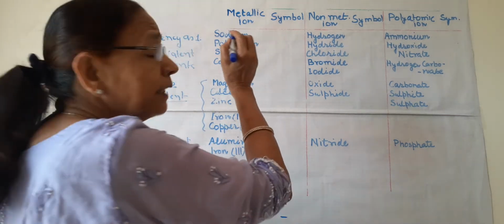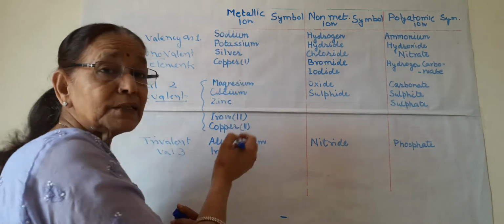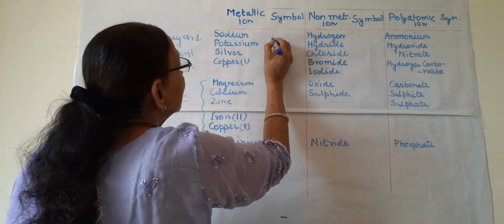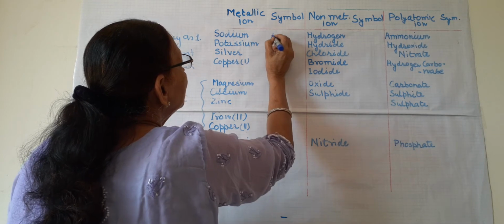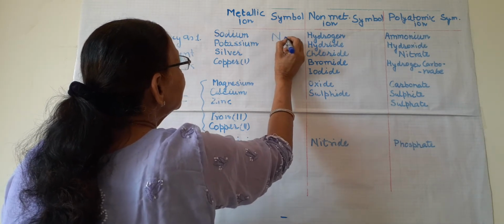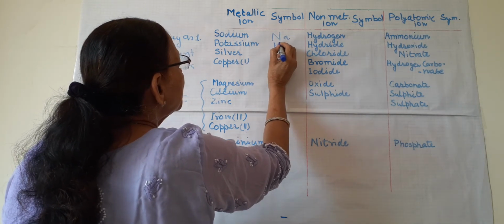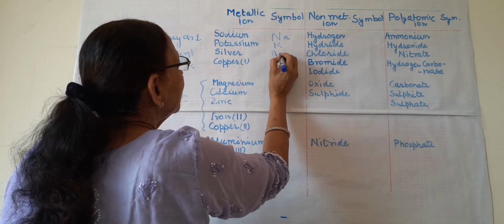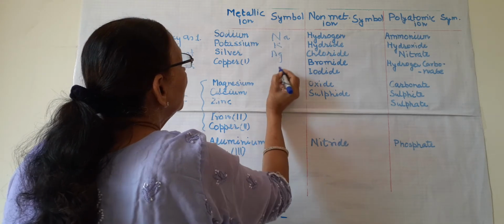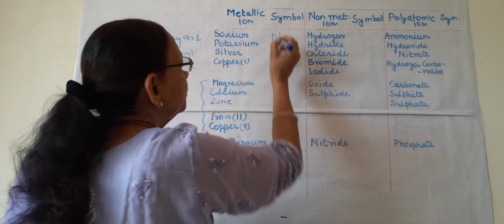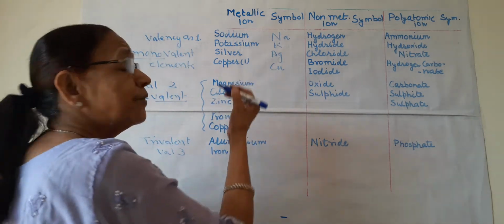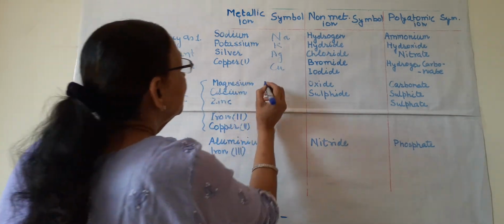Now I am writing the symbols of these metals. First I am writing only the symbols. Sodium is Na, potassium K, silver Ag, and copper Cu. These are the symbols. Later we will write the valency.